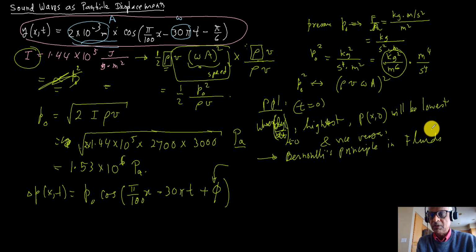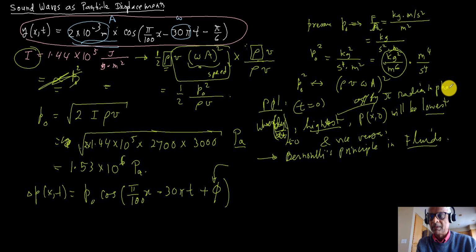We're going to talk about fluids much later, but applying this, you can show that these are highest and lowest, meaning they're off by pi radians in phase. So the phase constant here and the phase constant here will be related by pi radians. I'm going to leave that as an exercise for you. Pretty interesting exercise, and I will see you in another video.